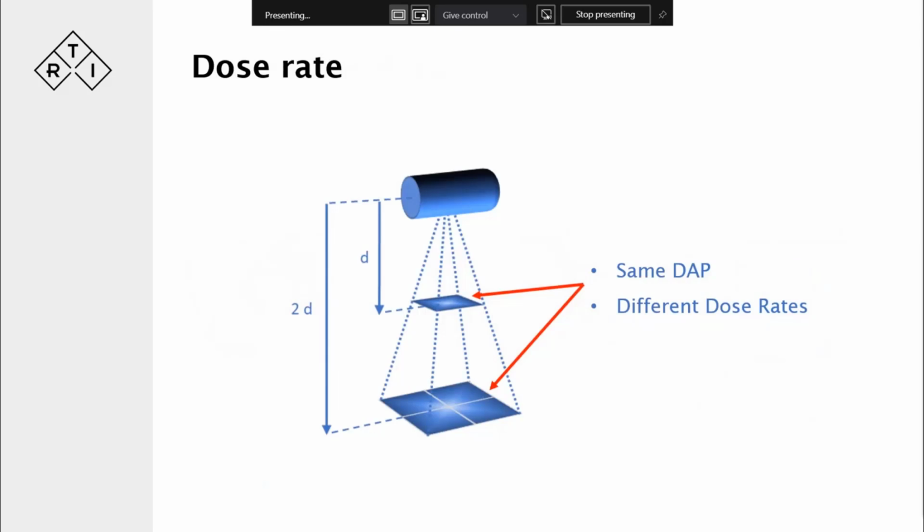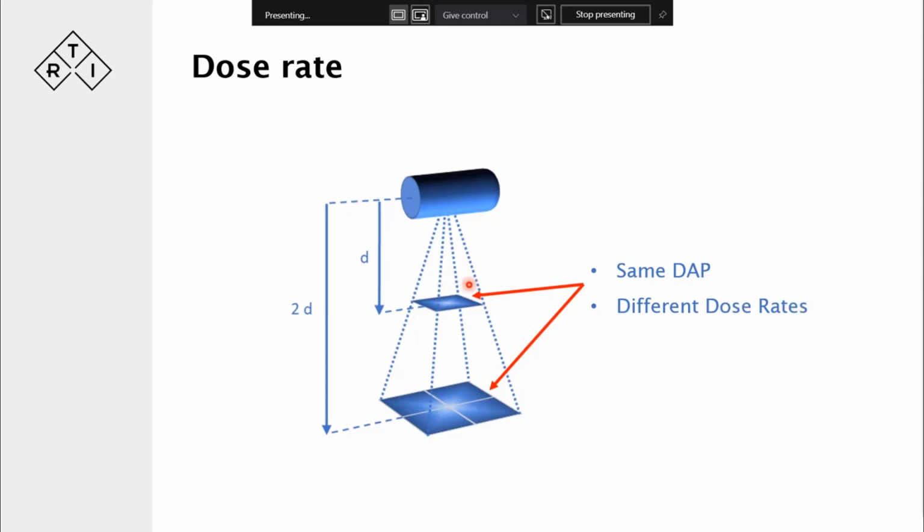We have a little bit of a drawback when it comes to looking at the DAP. If we're measuring DAP at two distances like we did before, we get the same DAP value at distance D and at distance 2D, twice the distance. But the dose rates will be very much different.